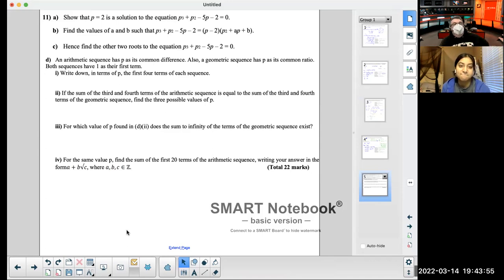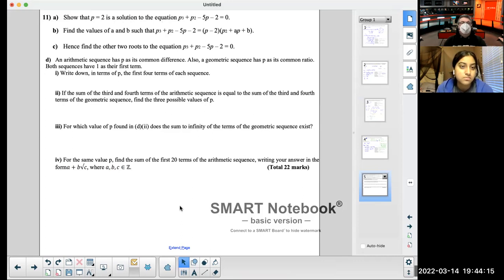Almost always IB is leading you through, right? In order to answer question B, you need question A. And a lot of the time it's show that P equals 2 is a solution to the equation. Boom.